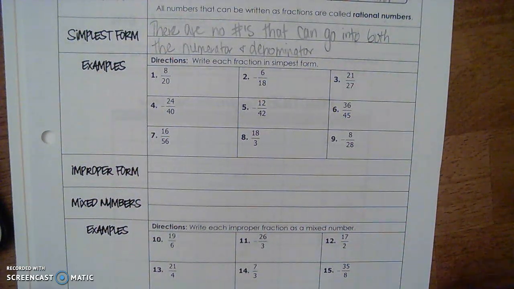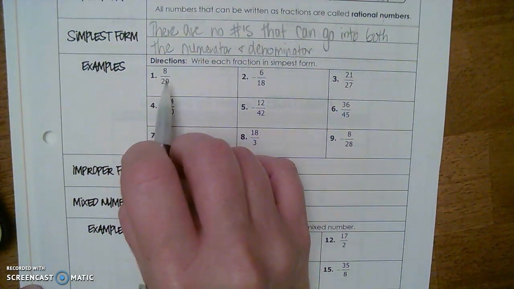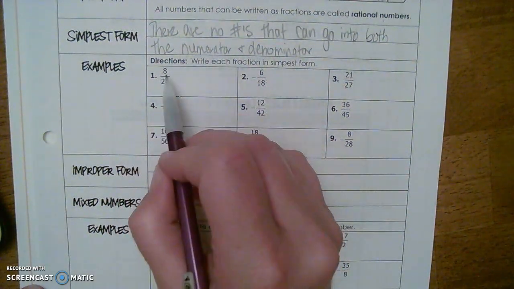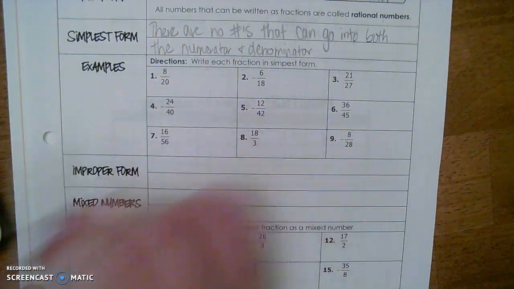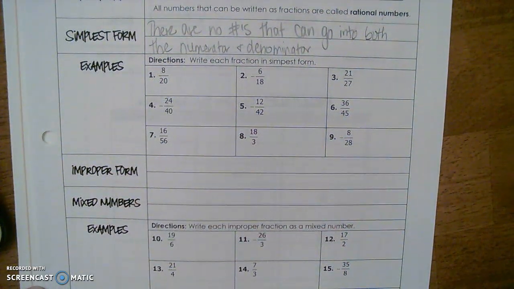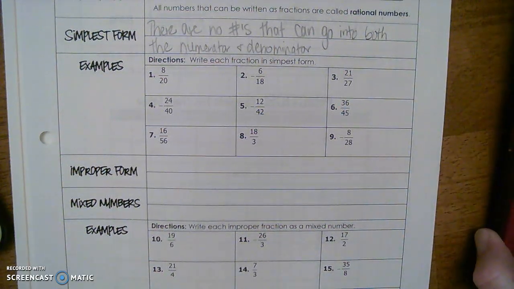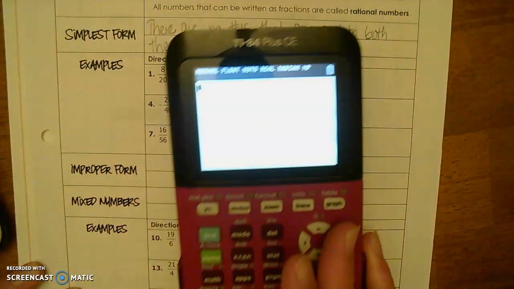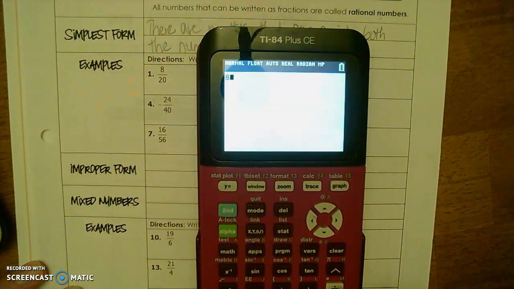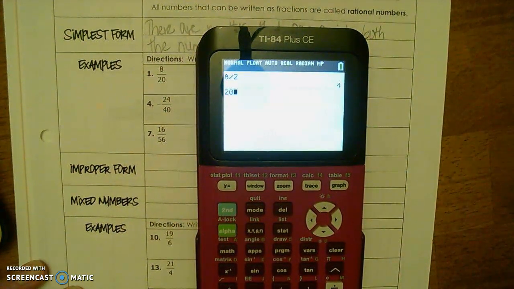All right, so I'm going to do this two ways. The first one is, let's say we aren't sure what numbers go into both 8 and 20. So then our job is to just check. And what I mean by that is to divide both 8 and 20 by the same number. Dividing by 1 doesn't do any good, so the first number we usually try is 2. 8 divided by 2 works. 20 divided by 2 also works.